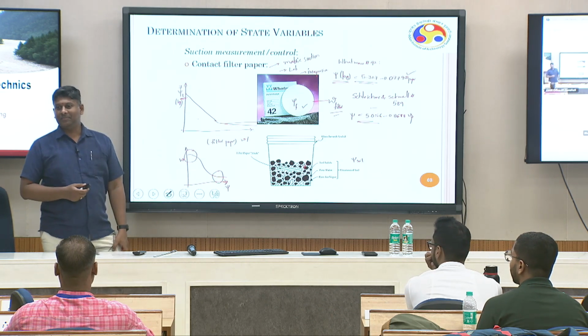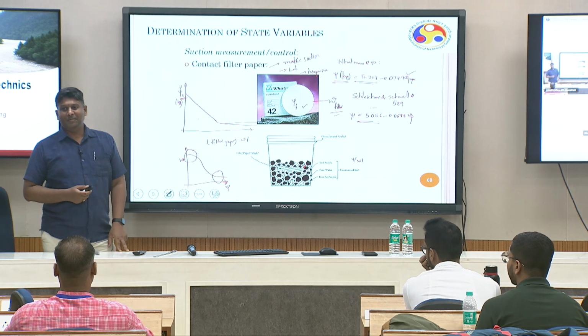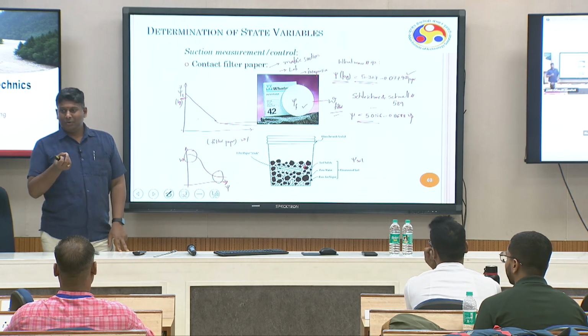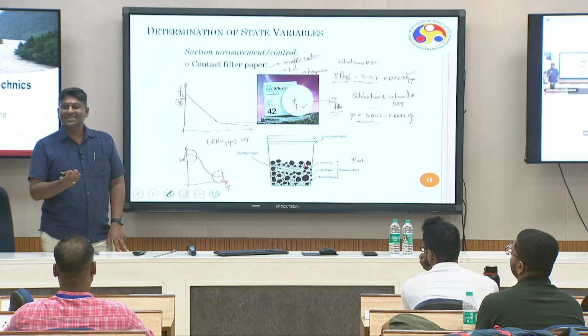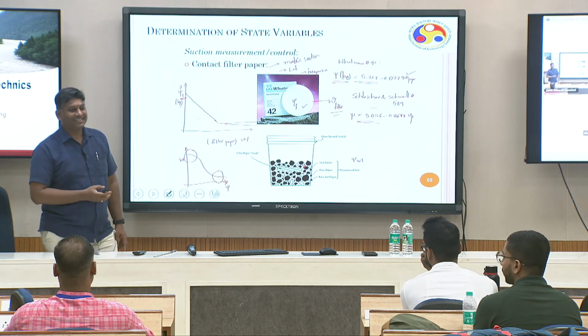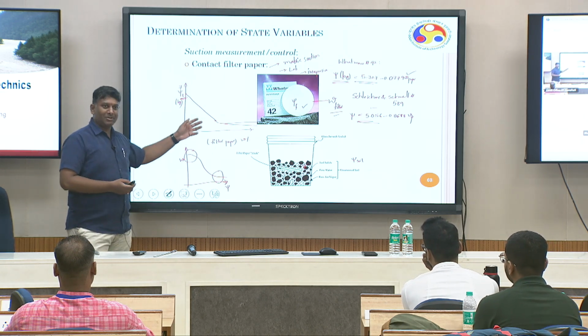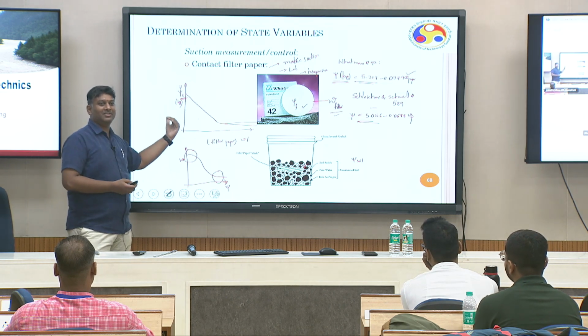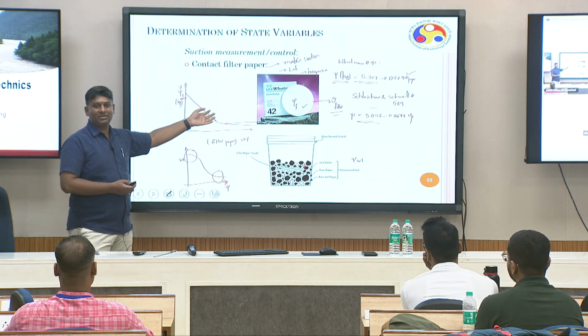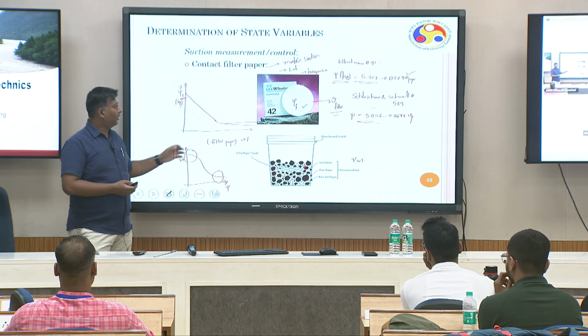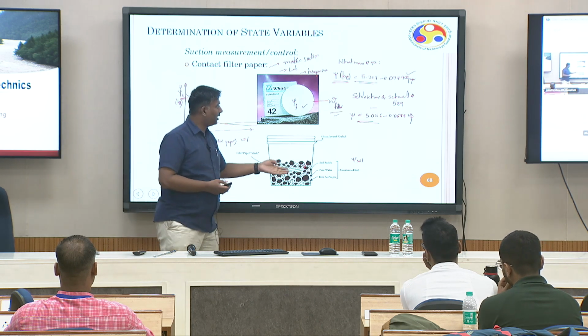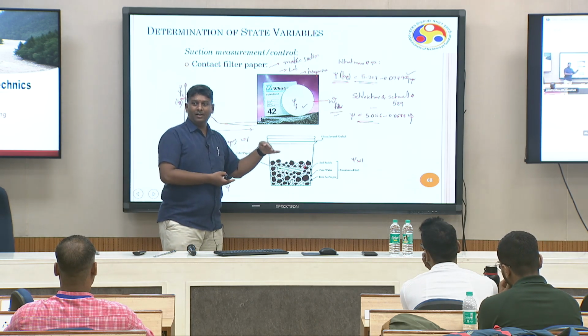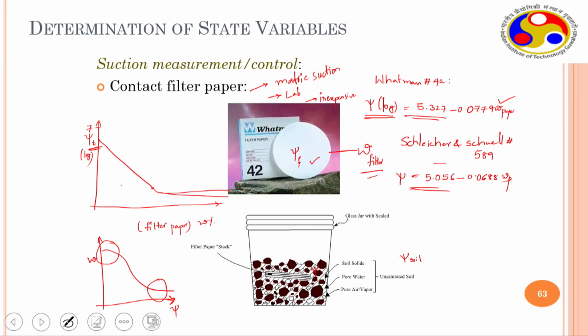They use vapor equilibrium, right? Pressure plate, the amount of water droplets that come out is difficult to measure, right? So some of the methods which I described previously, you would use that to establish the SWCC of the filter paper. Now you keep the filter paper either in contact or away from the soil to evaluate the suction.